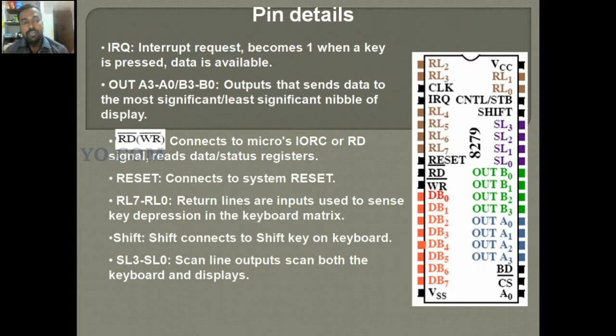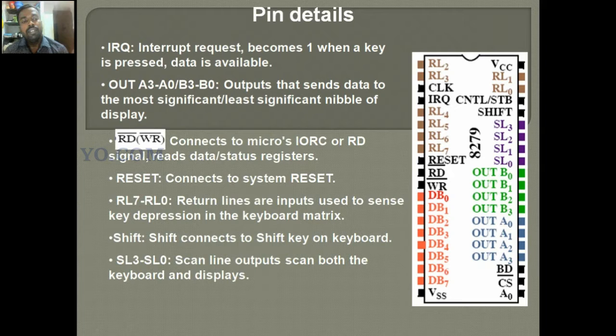Then outputs A3 to A0, B3 to B0. Actually these are outputs, B0 to B3 and A0 to A3, that send data to the most significant and least significant nibble of the display devices.